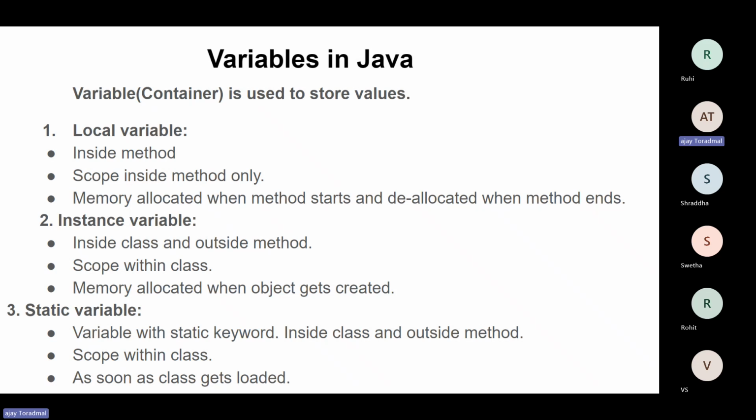Now, what is meant by scope? Can anyone tell me what is meant by scope? Anyone knows what is meant by scope? So scope basically is the variable value which is used inside that method, and after that the value will be changed.